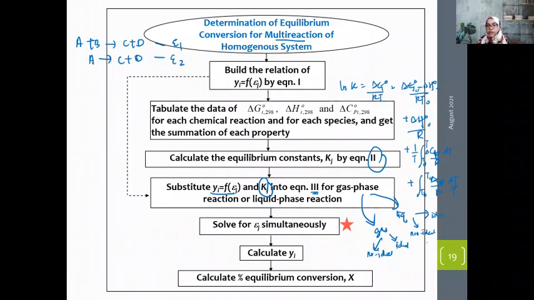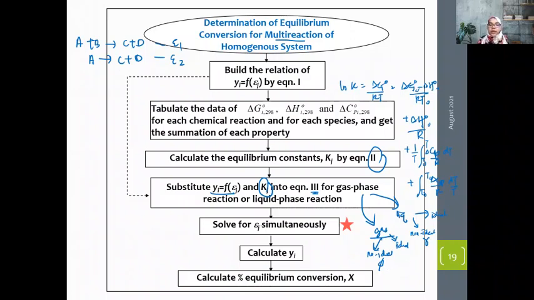For the non-ideal solution, we're going to introduce the activity coefficient in the expression, and for the ideal solution, we're going to neglect the activity coefficient. Same goes for the gas. For the non-ideal gas, we introduce the fugacity coefficient into the expression, and for the ideal gas state, we neglect the fugacity coefficient.